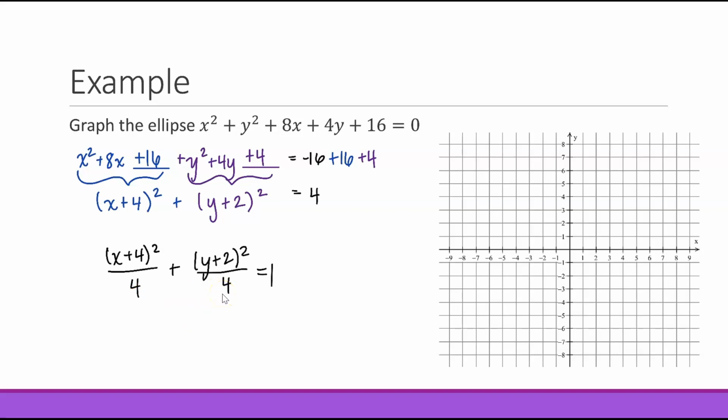So if we were to proceed, we would say that the center is -4, -2, the opposite of the number by x, the opposite of the number by y. So we'll go ahead and graph that point, -4, -2. And then remember what we do is the number that's below x and the number that's below y, in this case they're both the same, we rewrite it so that it's something squared.